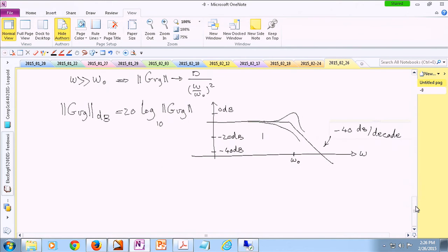Now we have to look at the angle of this thing as well. Okay, G. Now once you do the math, you're going to end up with this expression.